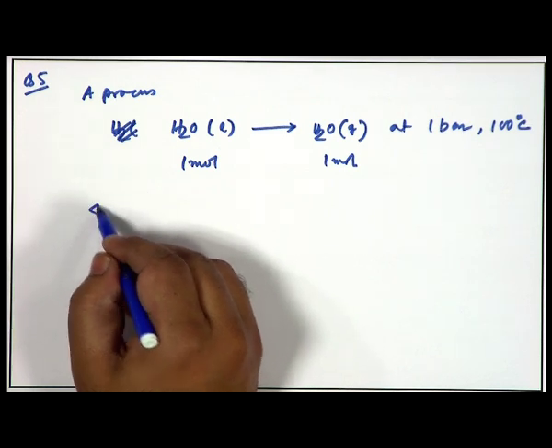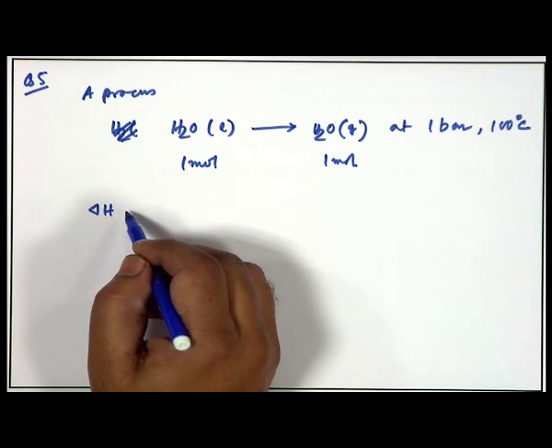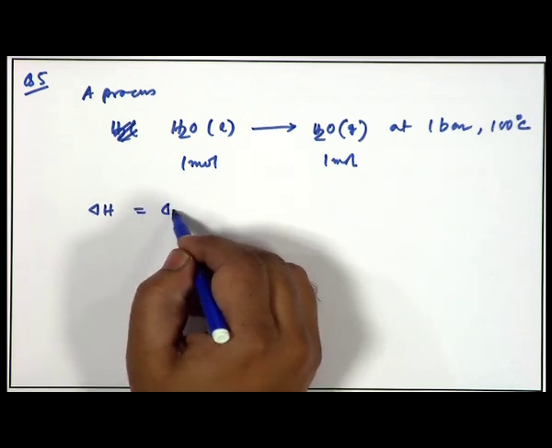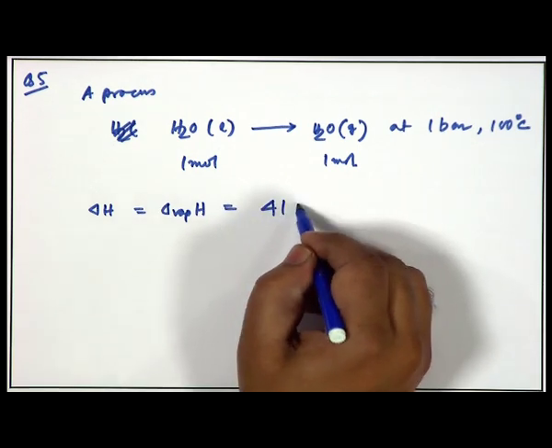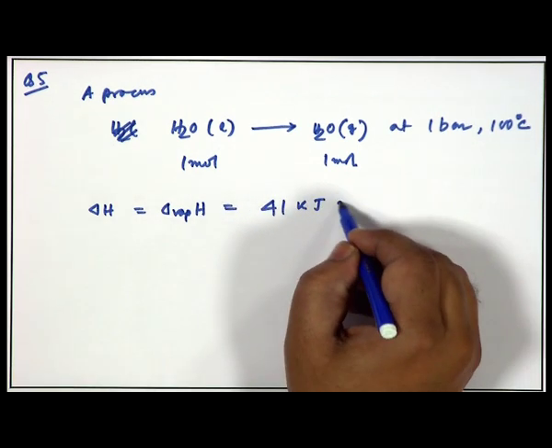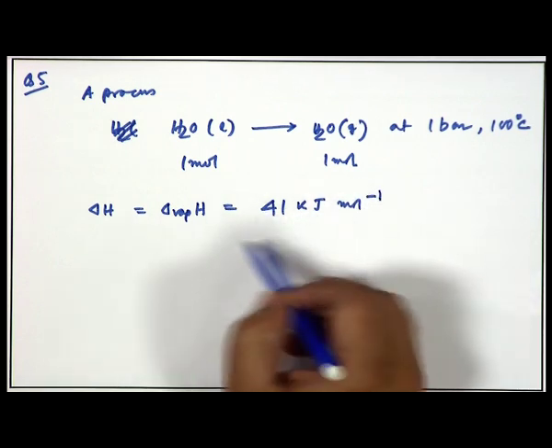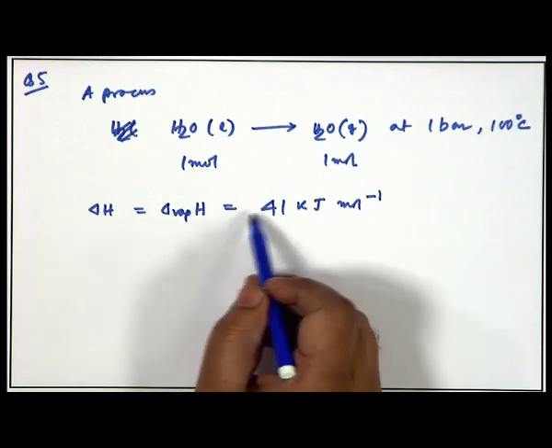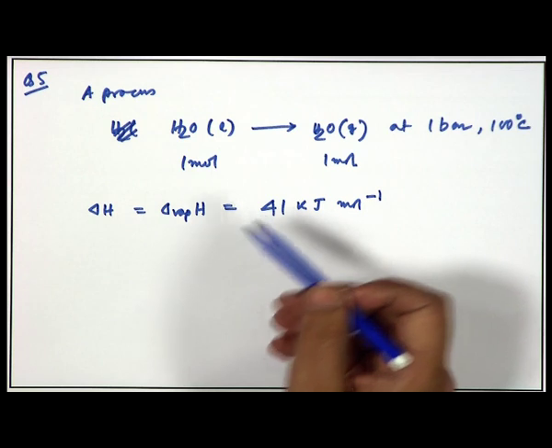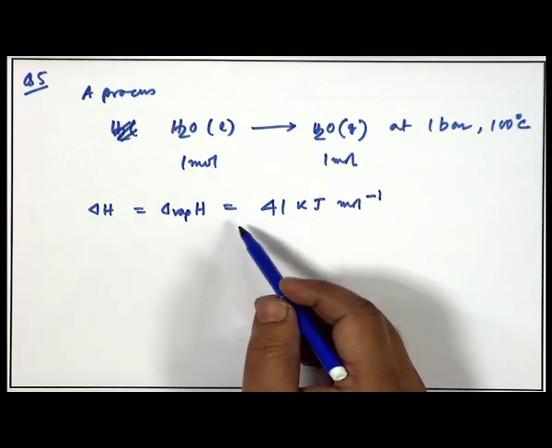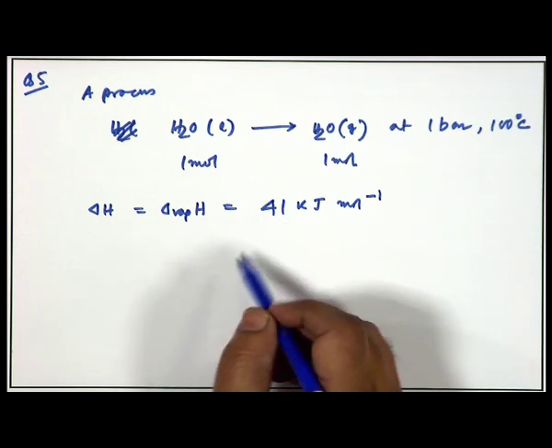Del vaporization H is 41 kilojoule per mole. Again, this is a positive number, because for vaporization we have to supply some heat to the system. The system gains some energy, which is the reason it is positive.